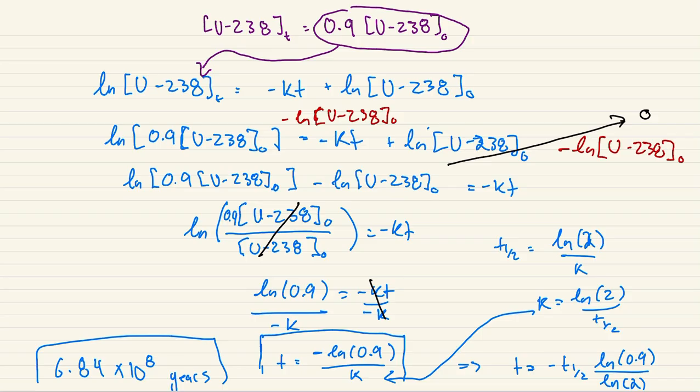Did everyone get something similar? Okay. And so does this make sense? Does that answer make sense to you guys? And if it does make sense, how do you justify that value? How does that compare to a half-life?